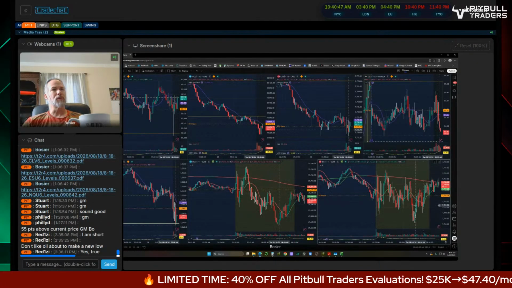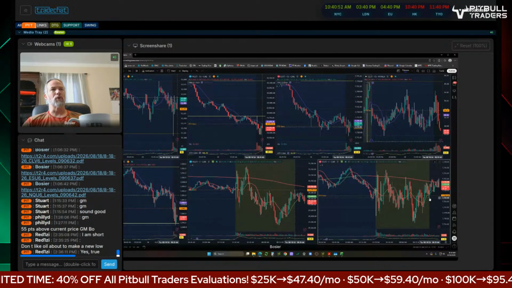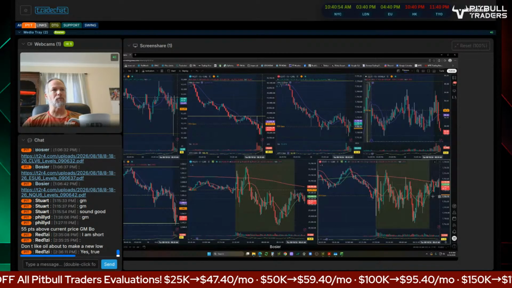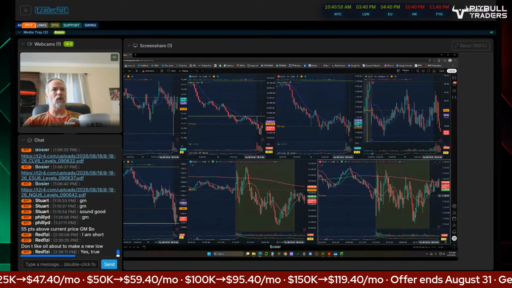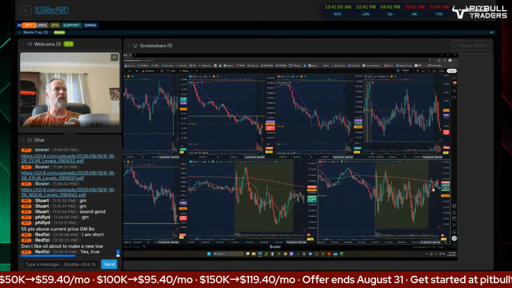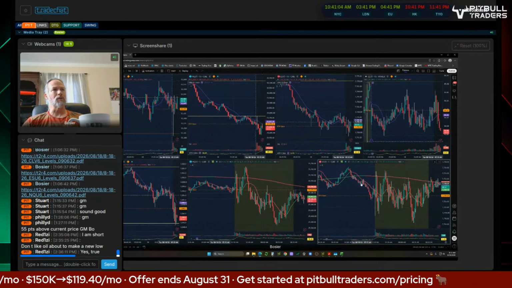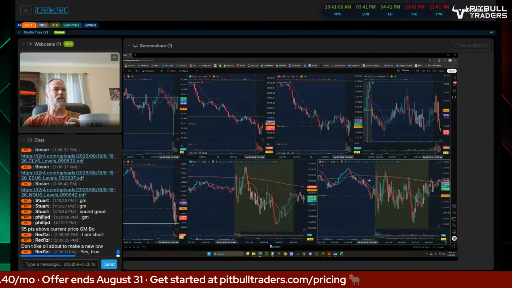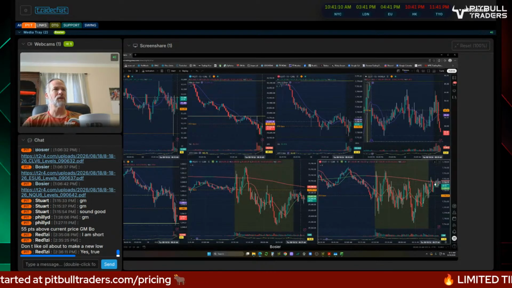So for me right now, the structure is a little more long bias because I'm above the open. I have an upsloping 1 minute moving average here. 15 is still sloping downwards, but if it's a reversal signal, then the 15-minute is flattening out.